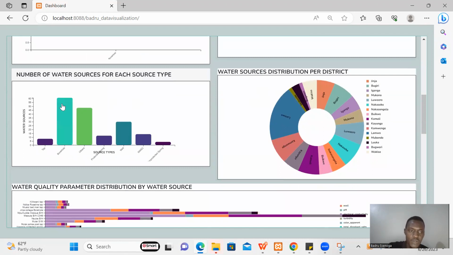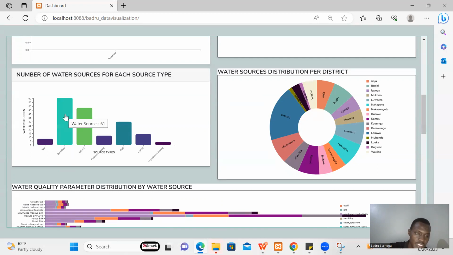Now to know the number of water sources for each source type, the water sources are on the y-axis and the source type are on the x-axis. We already know that tap is one of the source types where the samples were gotten. So how many water sources were there? You just move the cursor to the bar and you're able to tell that there were 8 for tap.